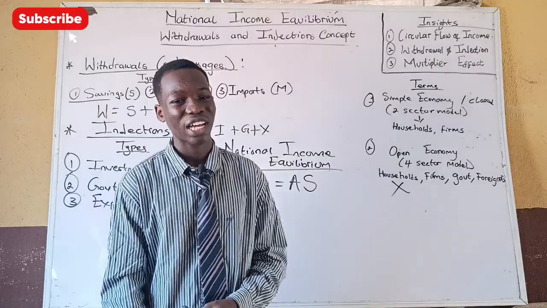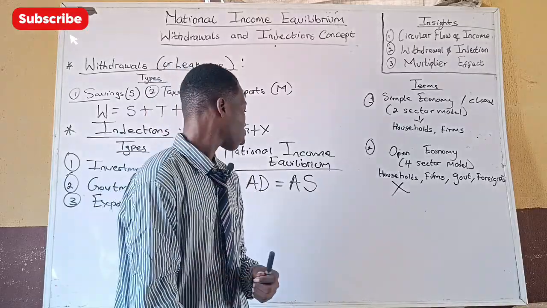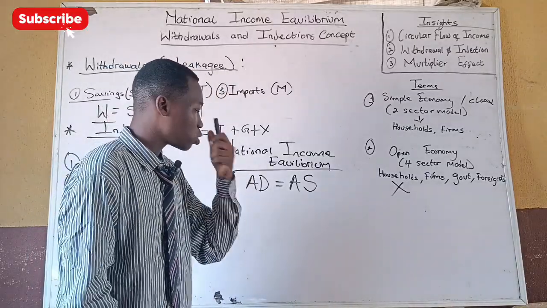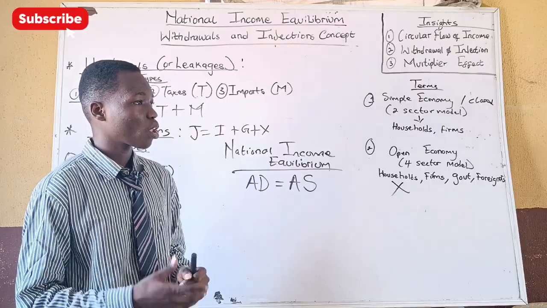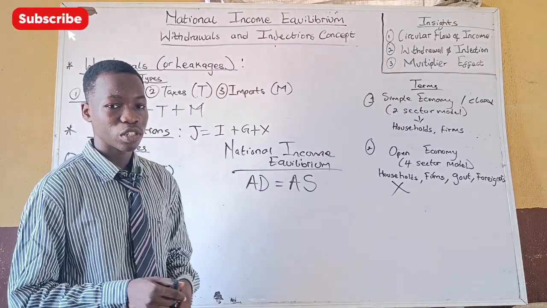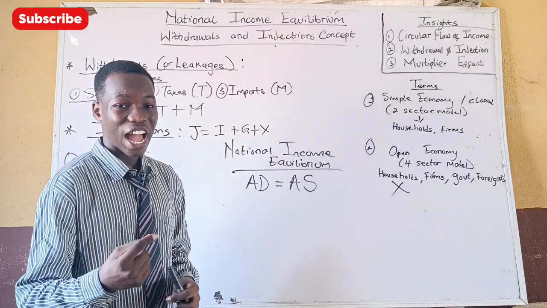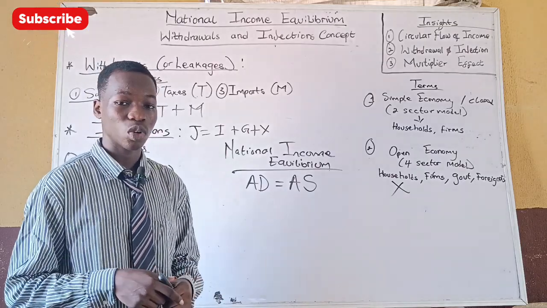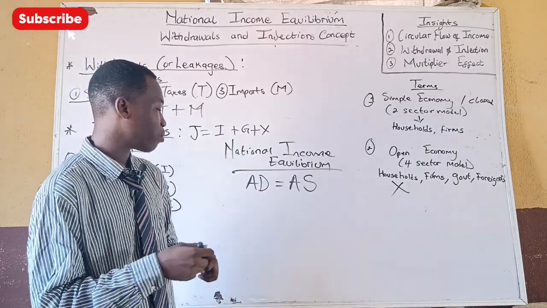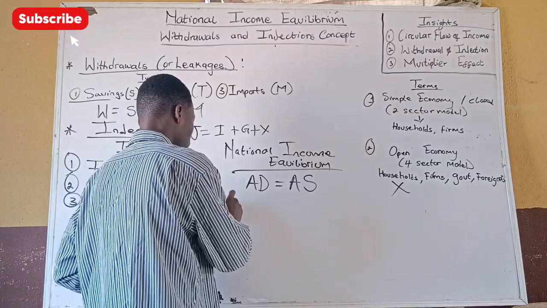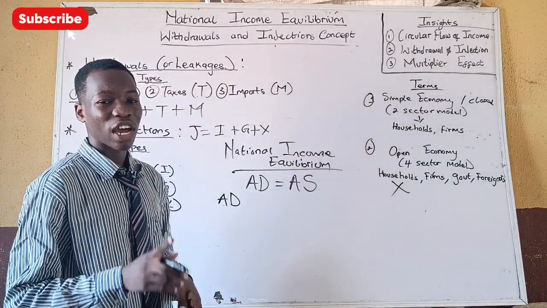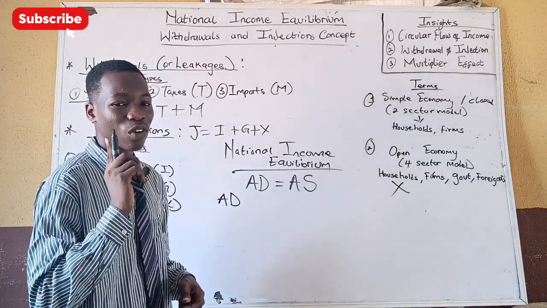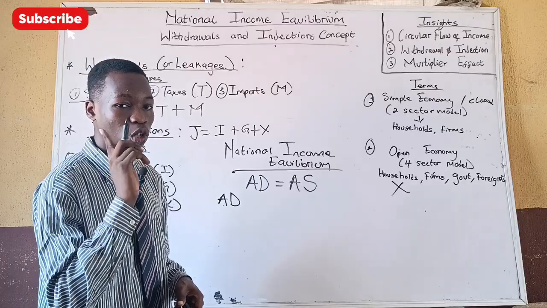If you don't want to use the word aggregate, you can say total. Now in this, don't forget I said aggregate demand simply means aggregate expenditure, and aggregate supply is output. Aggregate demand is the same thing as our national income when we are calculating it using the expenditure approach.